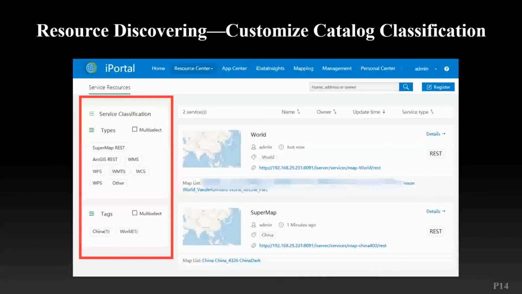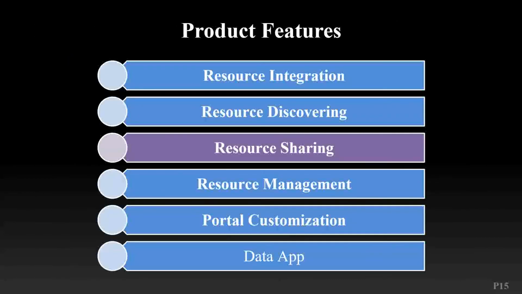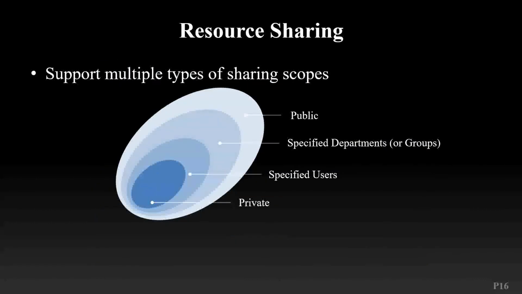We can see on the left side, it divides all of the services into different types, like types, tags, and also categories. And the third one is resource sharing. And sharing is related to permission. And if I have one server and I only want one of the users, I mean the user of iPortal.